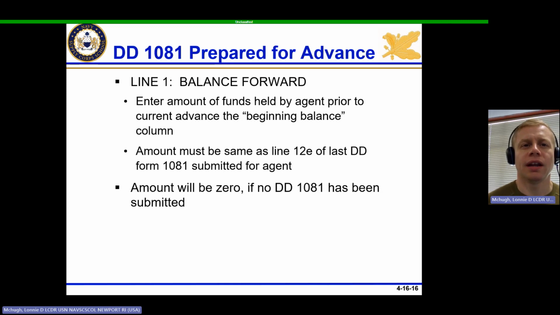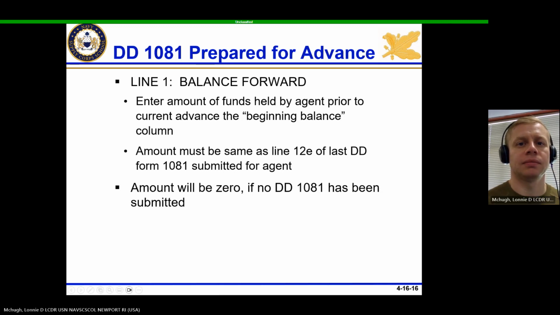So line 1 is your balance brought forward. This is your amount of funds that you have, your accountability from the previous day. If this was your initial issuance of funds, you didn't have anything previously, then it would be 0. All other times there should be a balance there.